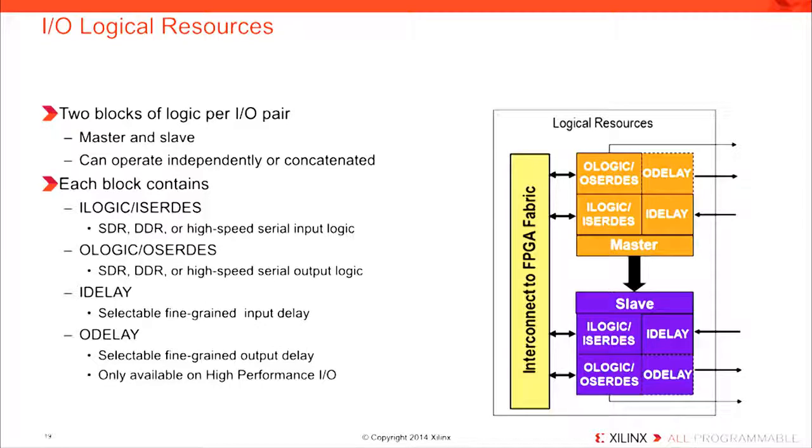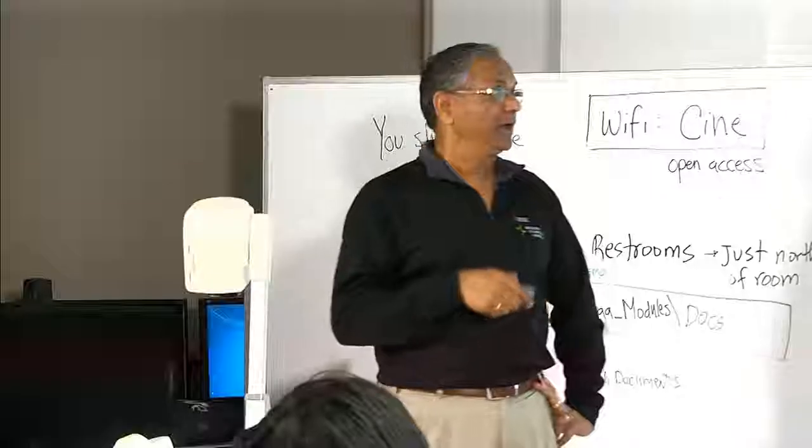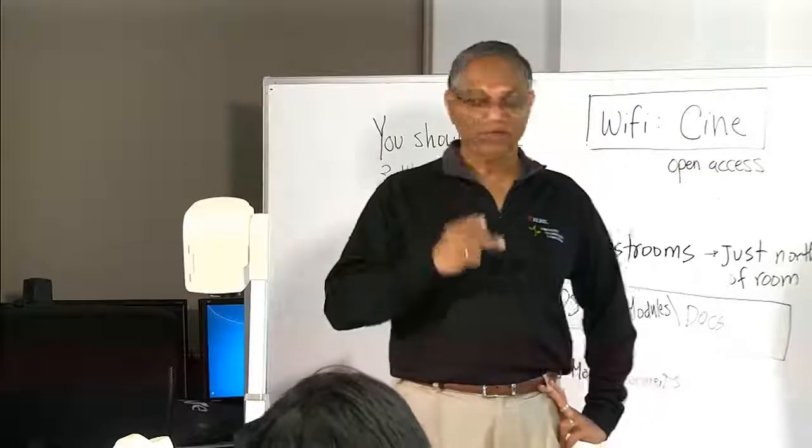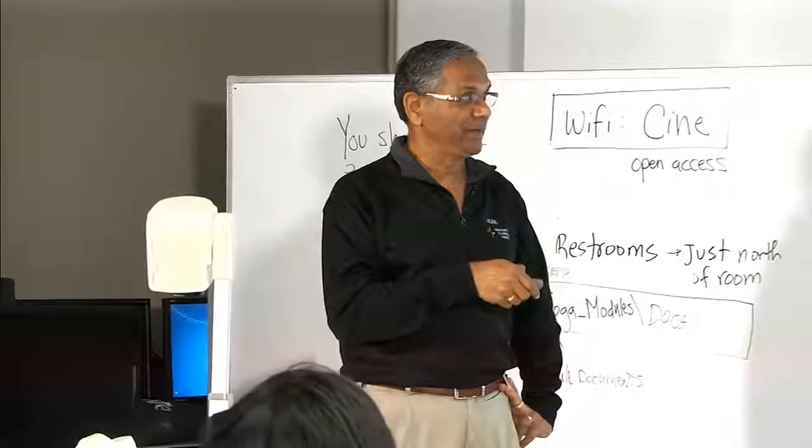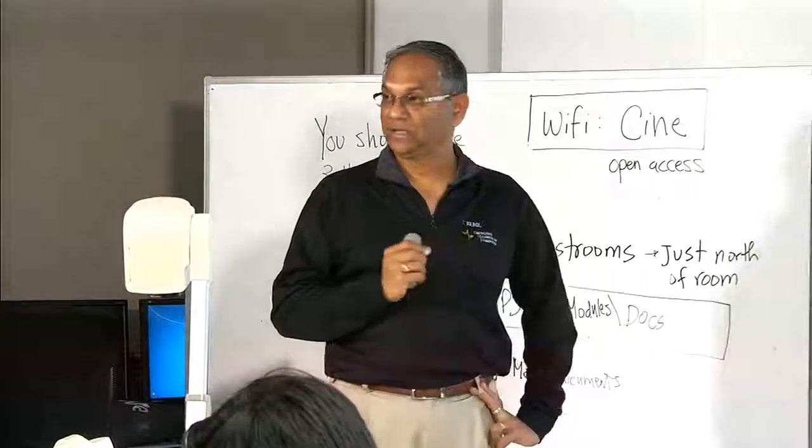So, the electrical signal gets converted into logic value, and that logic value will go in and out through what is called the O logic, O delay, I logic, I delay pairs. Okay. If you are using the differential ones, then P will be on the master side and N would be on the slave side, right.